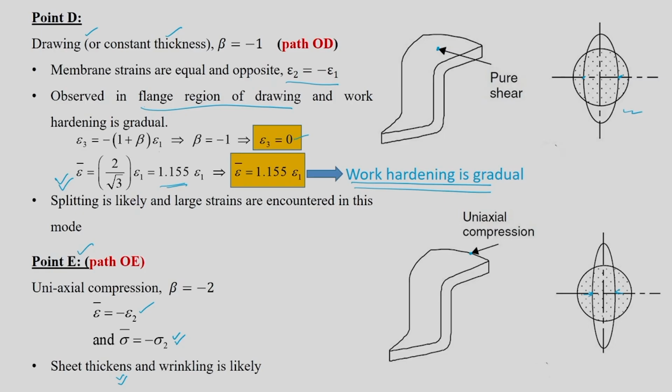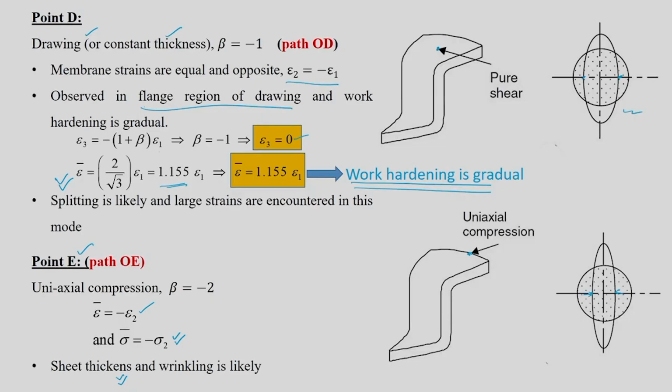I think the initial thickness was 0.8, and after calculating the new thickness, it was 0.838 or 0.84 like that. So the sheet thickness has increased. That type of situation can come probably at the edge of this flange, and you have to be very careful with part OE because that can create wrinkling. It is pulled in one direction and pushed in this direction.